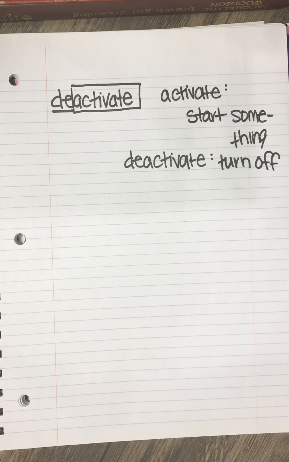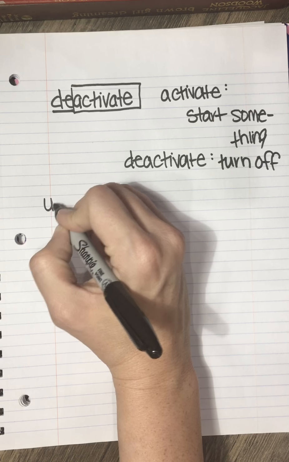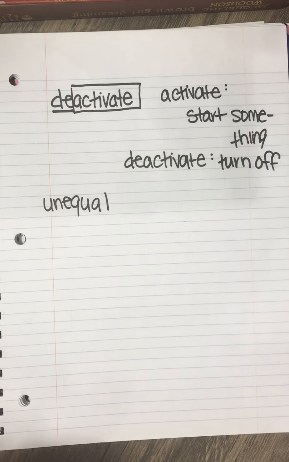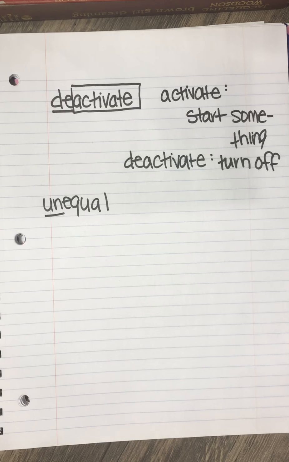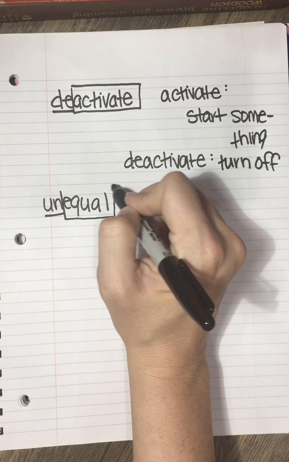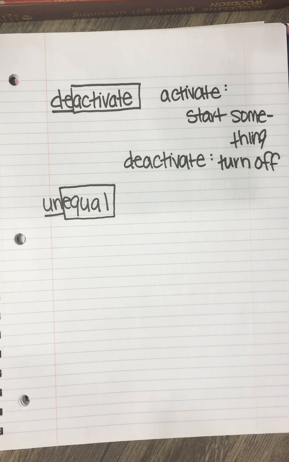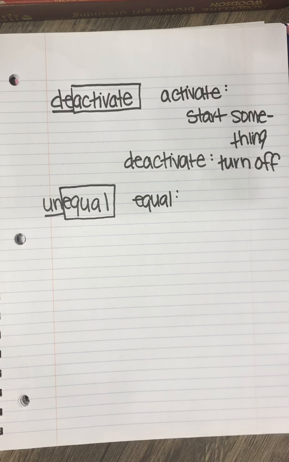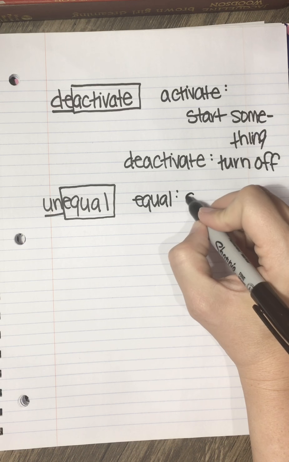So the next word we're going to work on is unequal. Our negative prefix is un, and our root word is equal. The word equal by itself means that it can be the same.